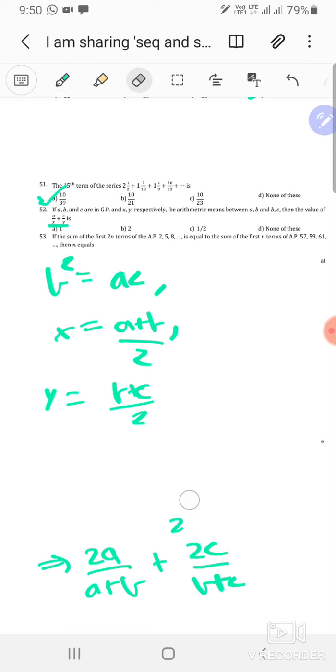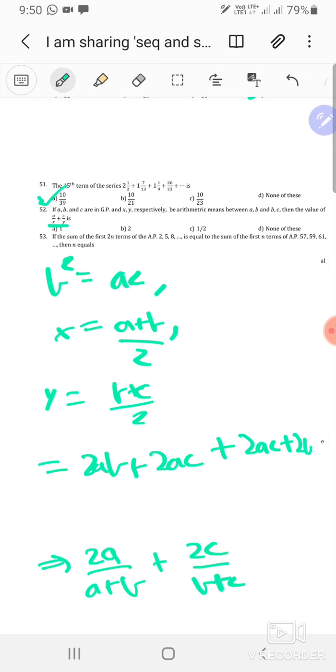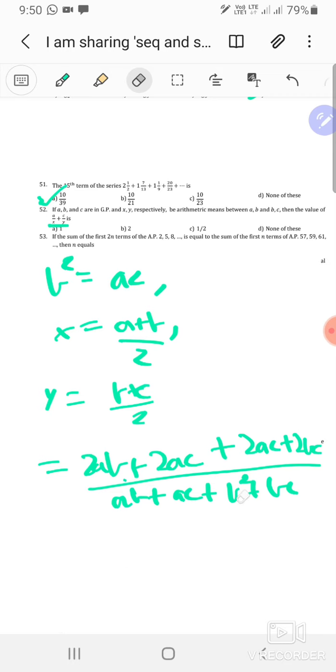So let's see what that turns out to be. That has to be equal to 2AB plus 2AC plus 2AC plus 2BC upon their product, which is AB, let us see, you get A into B, then A into C, plus B squared plus BC. Now I can put B squared as AC in that case.